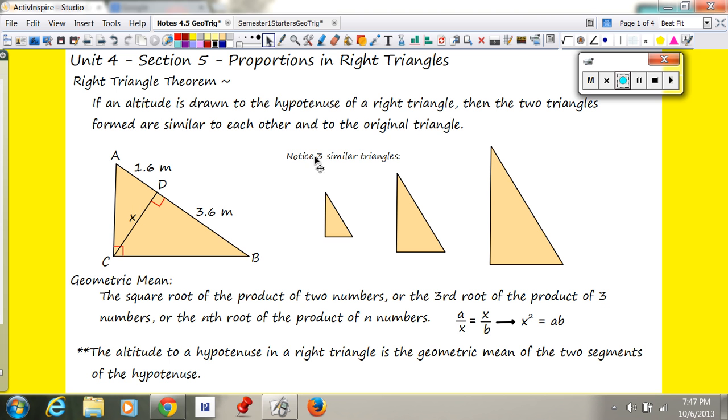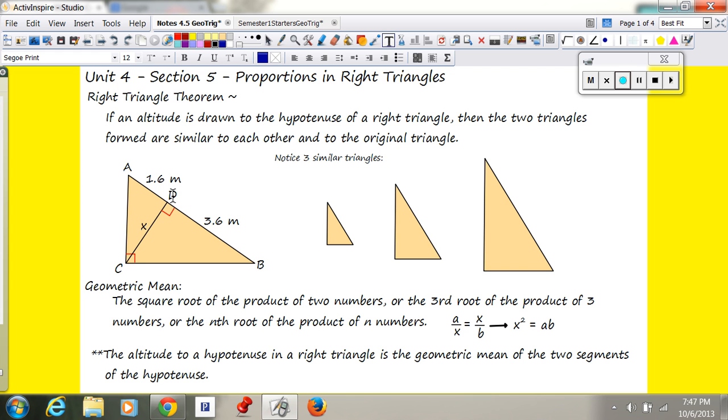Now actually what it does is it breaks it into three similar triangles. You could probably see the small triangle right here. It's triangle ADC, so let's label this one. D is my right angle, so that's going to be right here. And then angle A is this little angle down here on the short side.